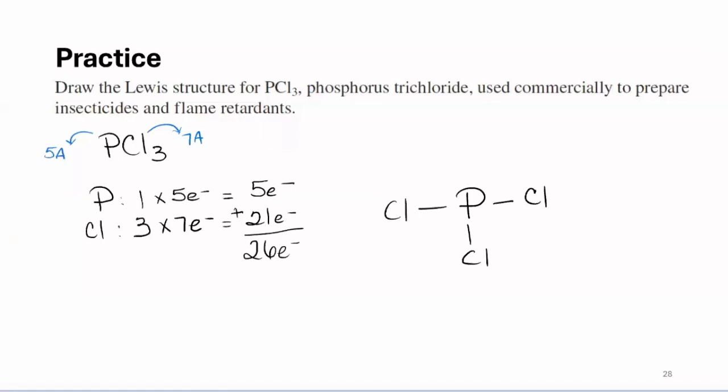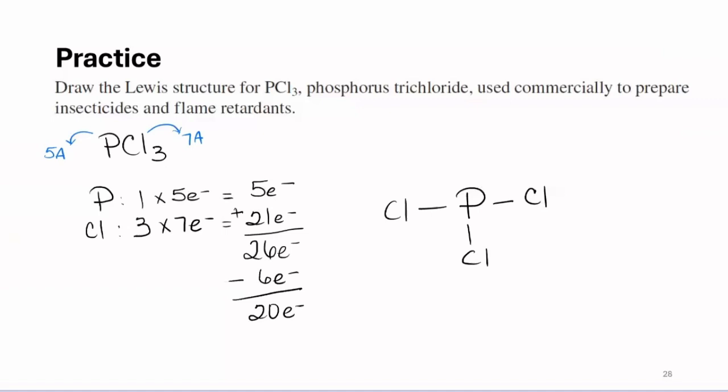In this skeletal structure that was developed, I already used, out of the 26, 2, 4, 6 electrons. So I'm going to subtract them. 26 minus 6 electrons. That means that there's 20 electrons that I still have to place in the molecule. According to the rules, I'm going to complete the octets of the outside atoms first.